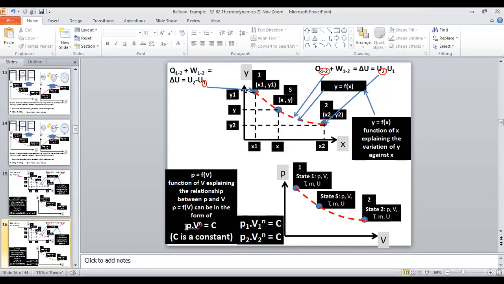So what is this PV? This is your general V value.